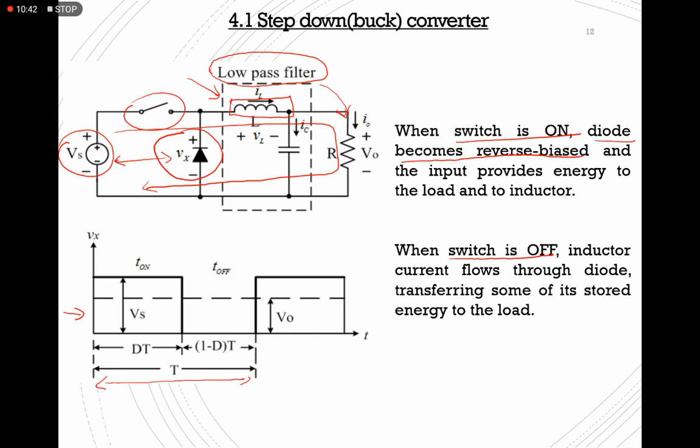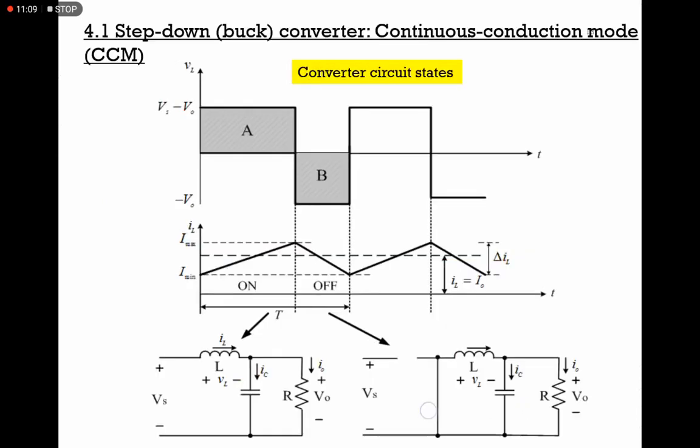This is the Vs amplitude, which is your peak output voltage. The dotted line here is your average output voltage.